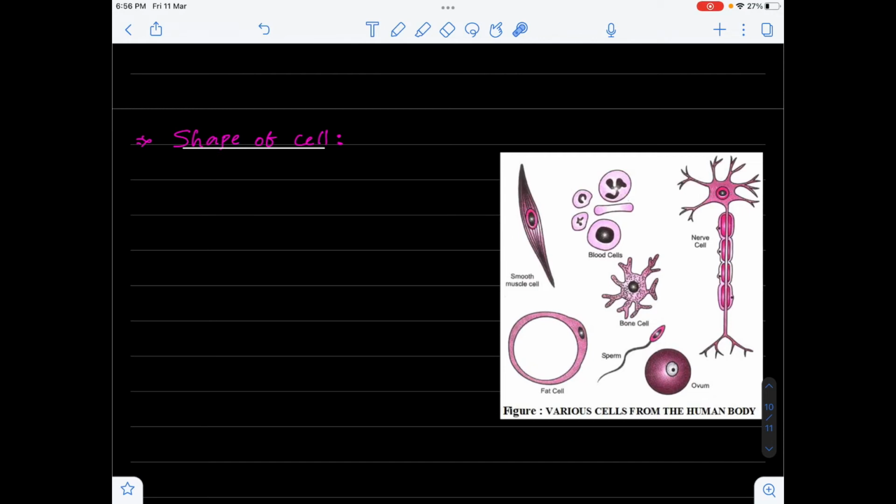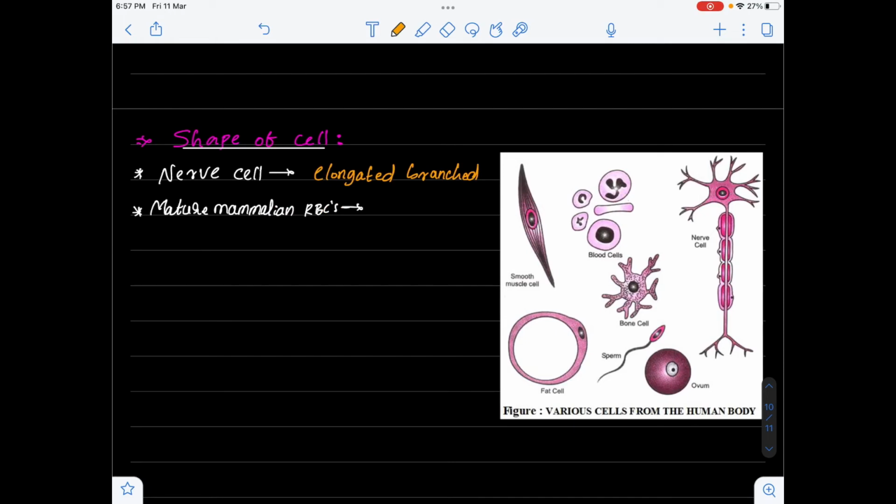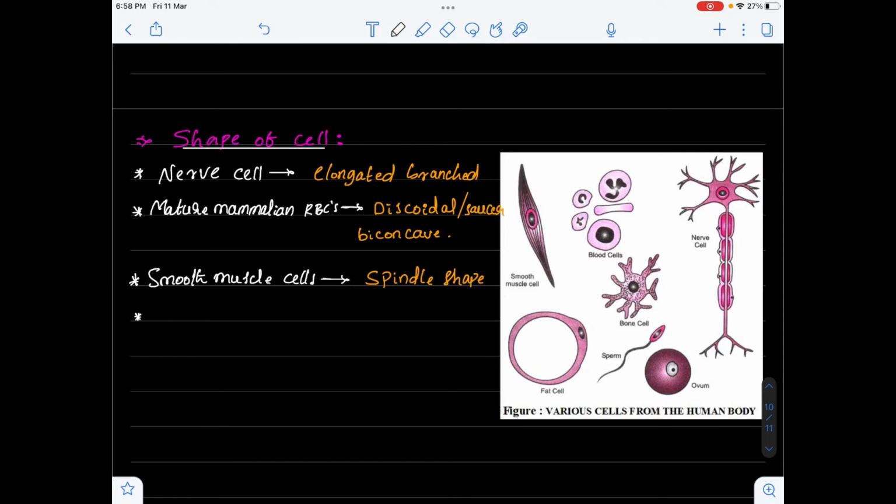Now let me write one by one. The nerve cell appear in elongated branched. Mature mammalian RBCs appear in discoidal or saucer shape or biconcave shape. Smooth muscle cells appear in spindle shape. Pigment cells of the skin are in branched.